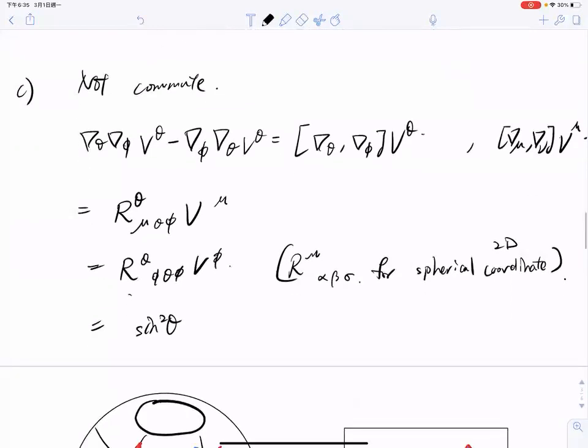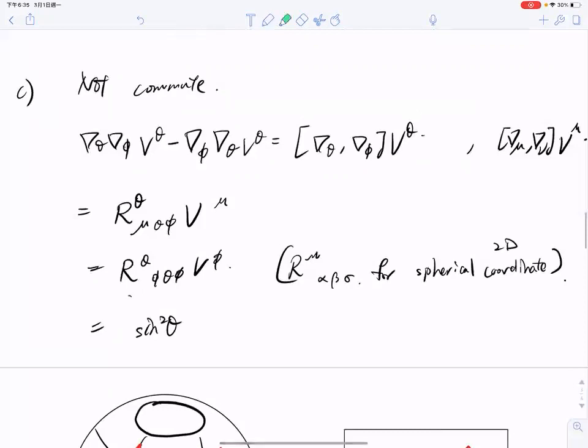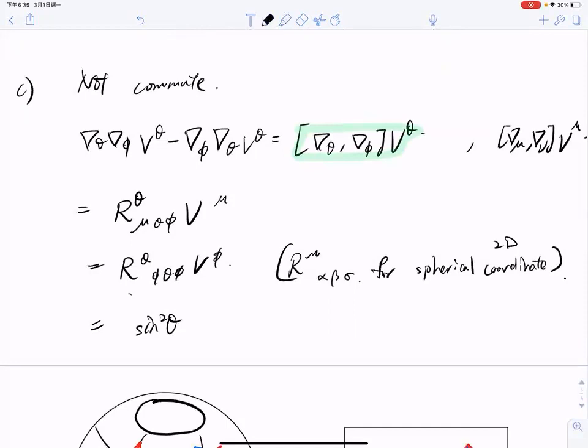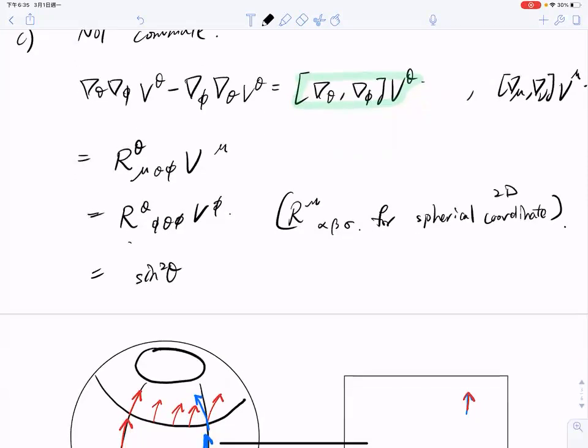In the textbook there is an equation about the commutator of the covariant derivatives, like theta and phi in opposite orders, and this commutator is exactly the Riemann tensor. You can check the Riemann tensor for the spherical coordinate 2D system.